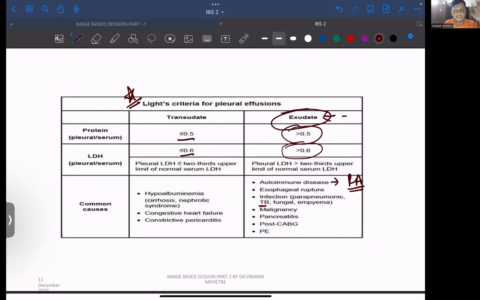Most of the things are present in the exudative criteria only. Just remember this, no need for much detail. But remember, when you don't know the answer, the answer is exudative pleural effusion. That's it.